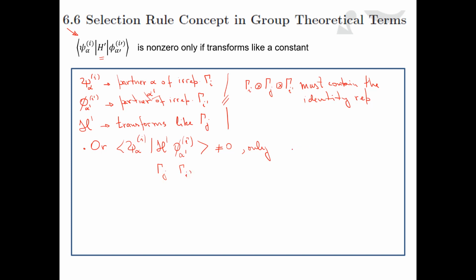So this will be non-zero only if the product between gamma H and gamma I prime contains the irreducible representation of psi alpha, which is gamma I.